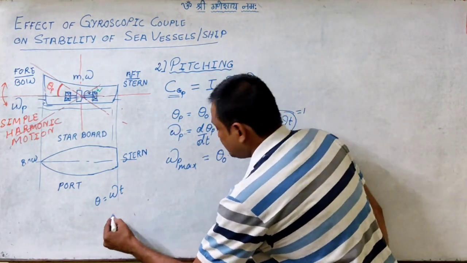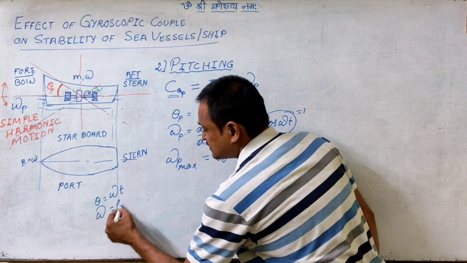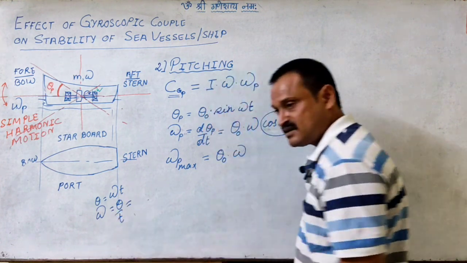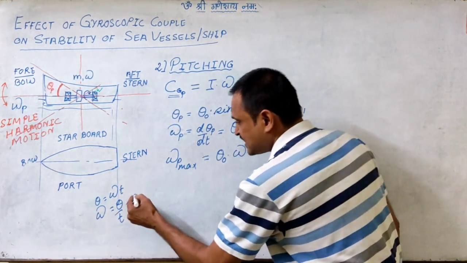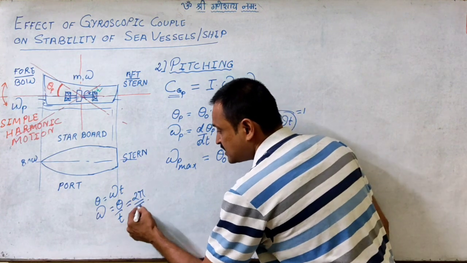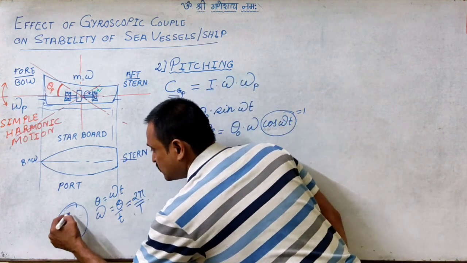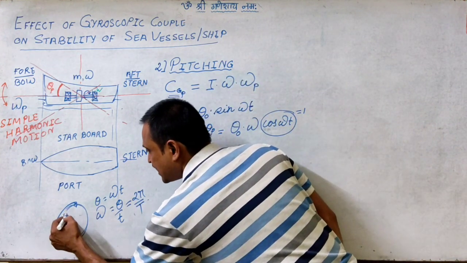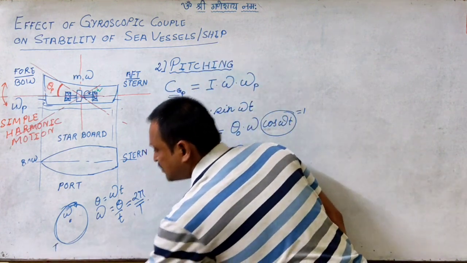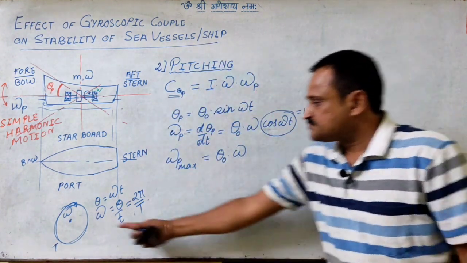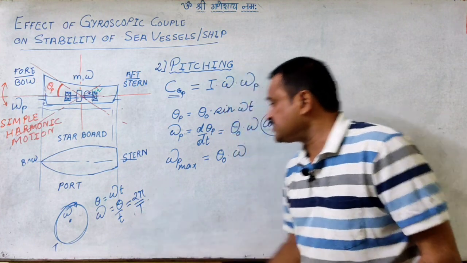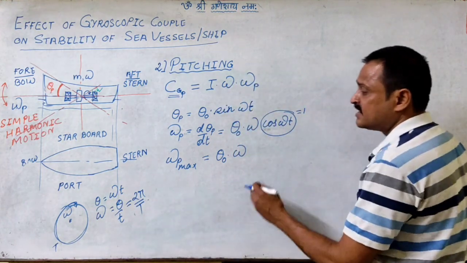So we get omega as theta by t, which for a given cycle is 2 pi by t. I showed you just now, the particle is rotating at omega at time t. So this omega will be 2 pi by t, where t is the time period.